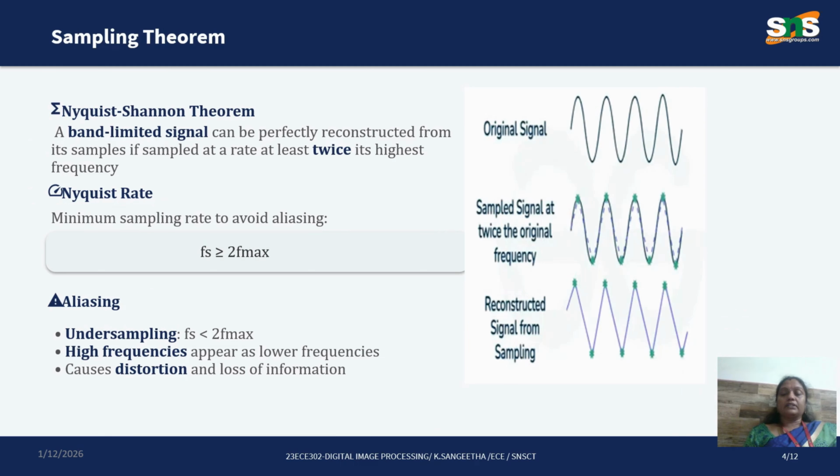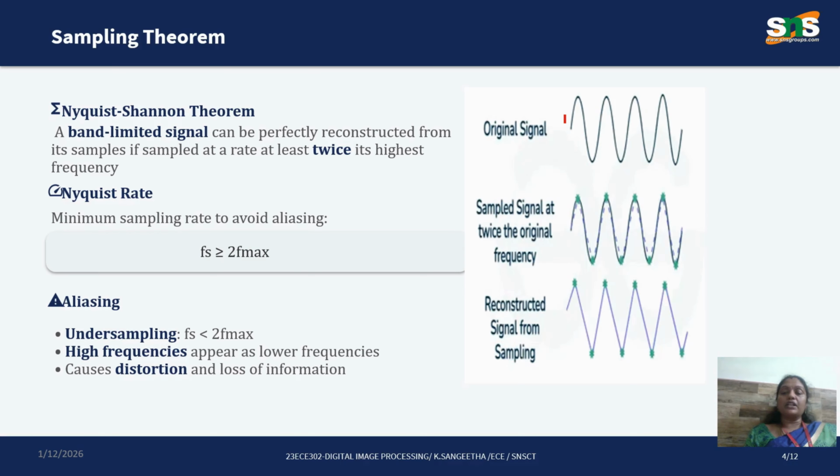The sampling theorem should follow the Nyquist-Shannon theorem. That is, the minimum sampling rate Fs, the sampling frequency, should be greater than 2f max, the maximum frequency.